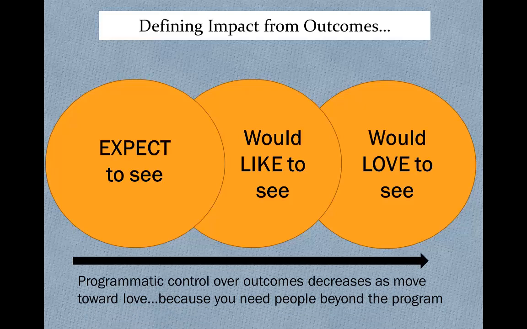as you're moving towards that love piece, the control you have over impacting that or affecting it with your project alone or even the people that you're sitting with right now is going to lessen, it's going to decrease over time. You assume that as you move to the love side of this, you necessarily need to involve more and more people beyond the program itself.